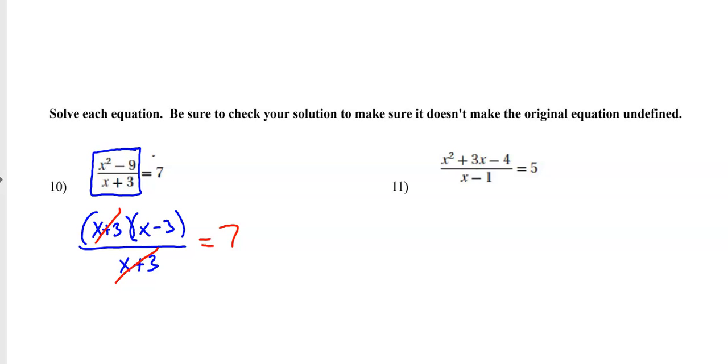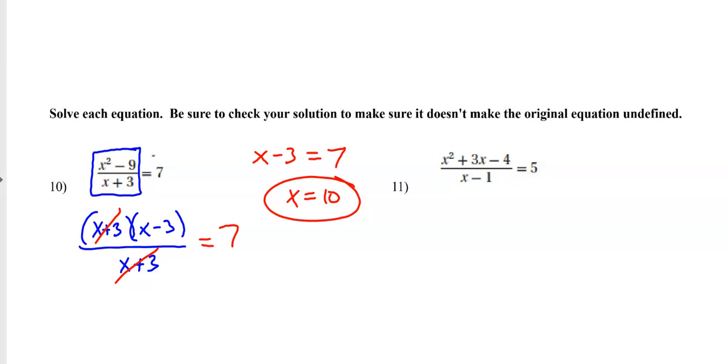So all I really have to solve now is x take away 3 equals 7, which is x equals 10. So a lot of times it's faster to simplify the radical expression first before you start trying to solve it. And you're just going to have a lot less pieces, and your quadratics are going to be much smaller.